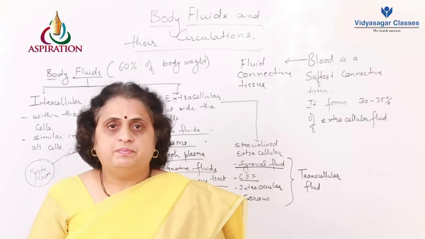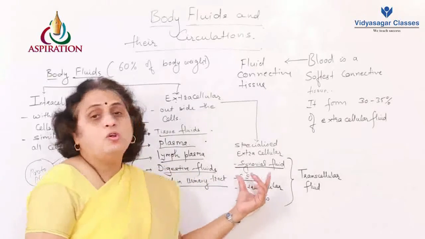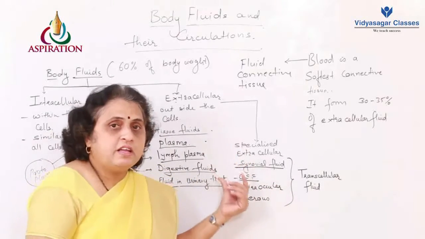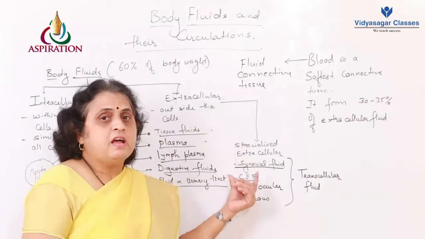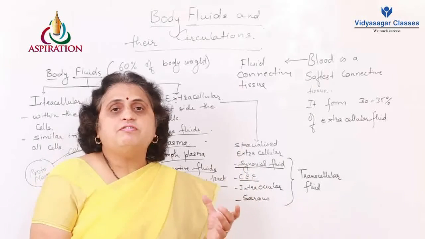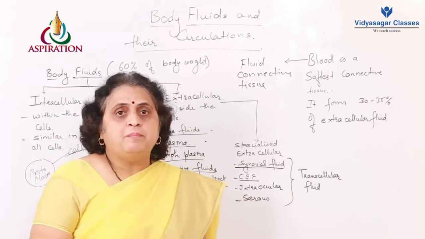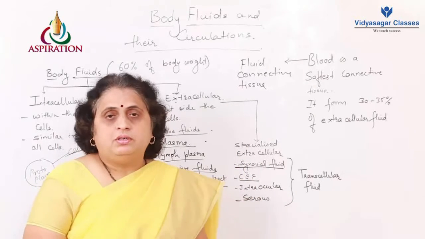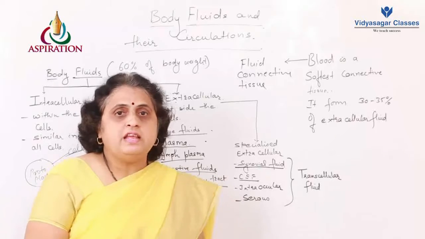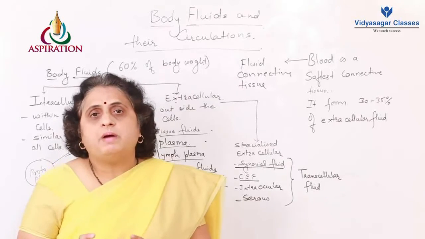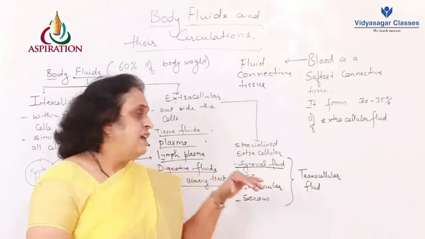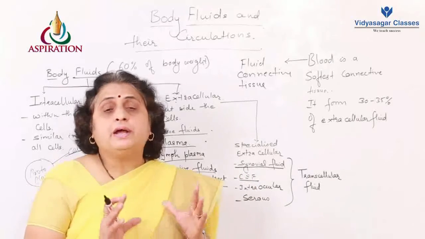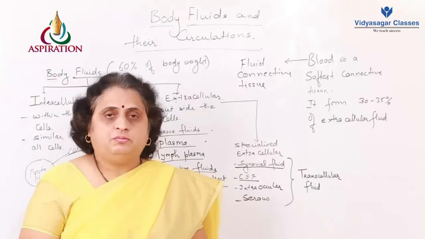cerebrospinal fluid. This cerebrospinal fluid is a nourishing fluid that we find in the cranium and spinal cord. Rather, it surrounds the cranium as well as the spinal cord. This fluid is present in the cranium or the brain box.